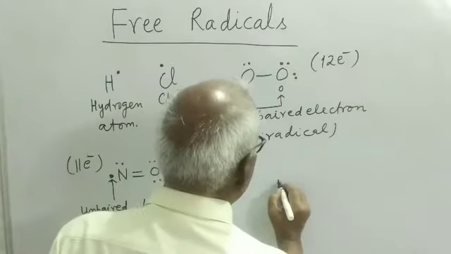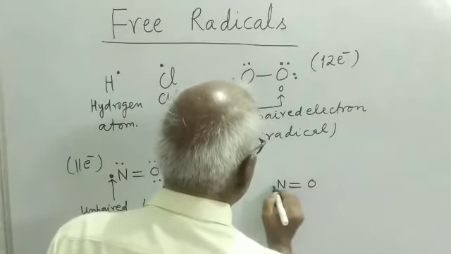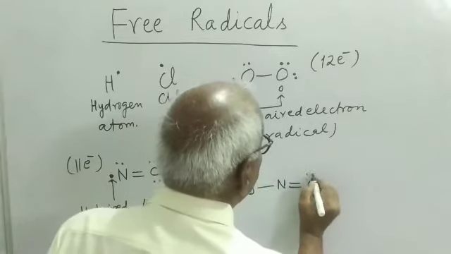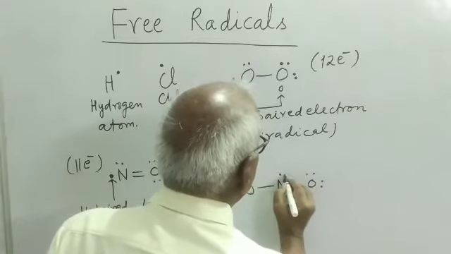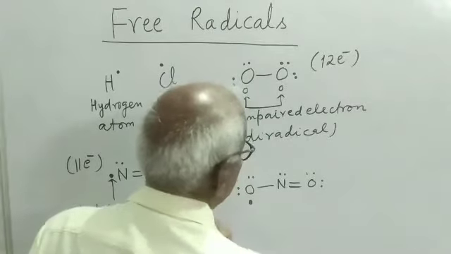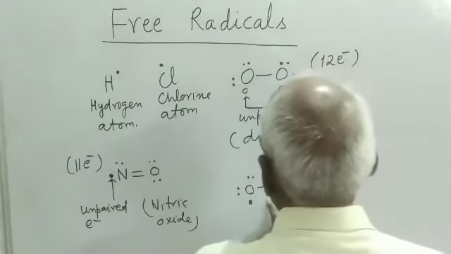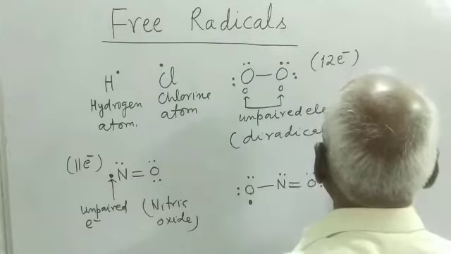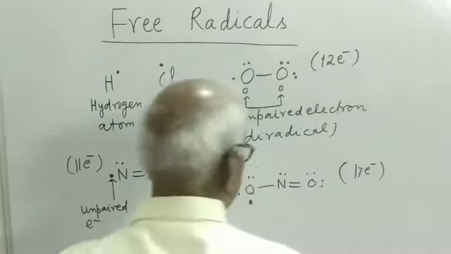Similarly, we can write nitrogen dioxide like that. Total number of electrons in this case is 6, 6 and 5, 17 electrons in nitrogen dioxide.